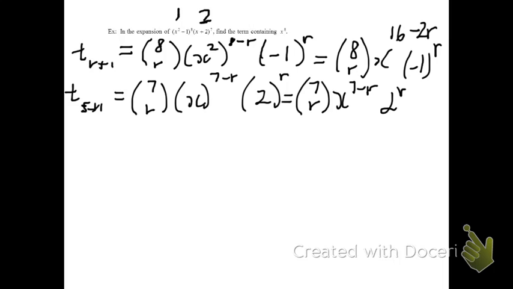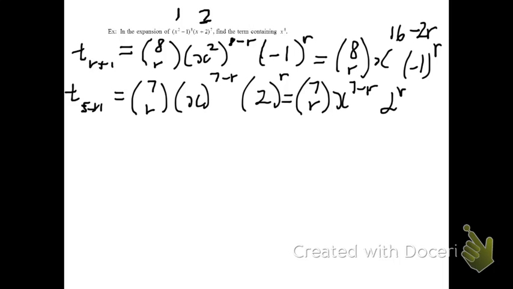And it says, in the expansion, find the term containing x to the power of 8. So we need to expand all of this out, and what we can do, because we know we're going to have to anyway, is take these two general expressions and multiply them together.